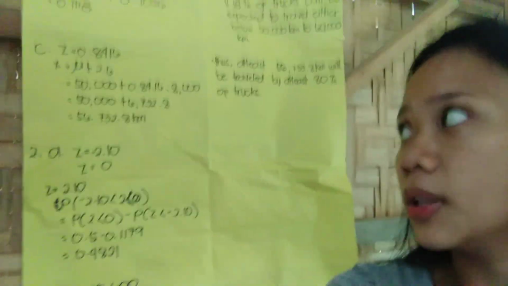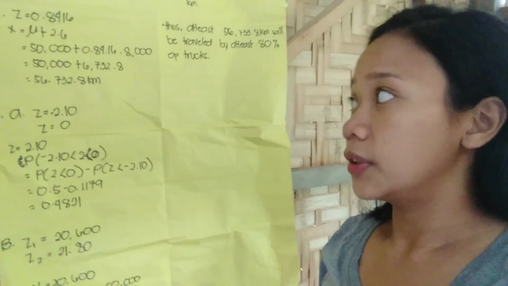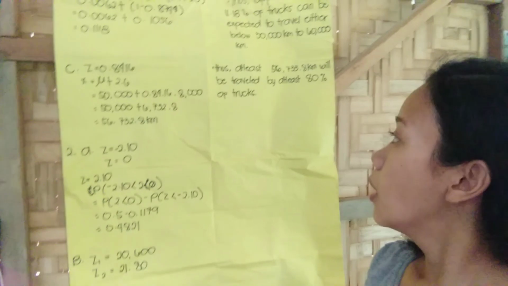So it equals 50,000 plus 6,732.8. So if you calculate it, it equals 56,732.8 kilometers. So this means that at least 56,733 kilometers will be traveled by at least 80% of trucks.